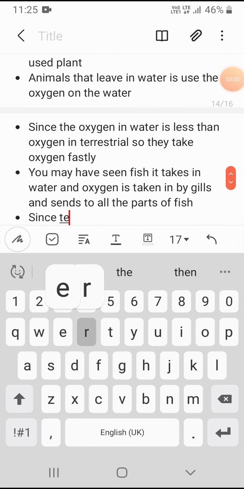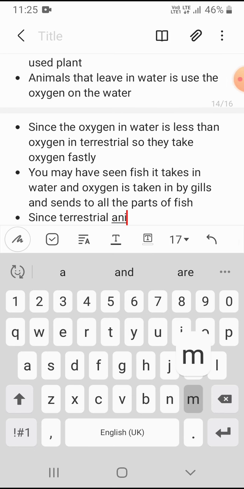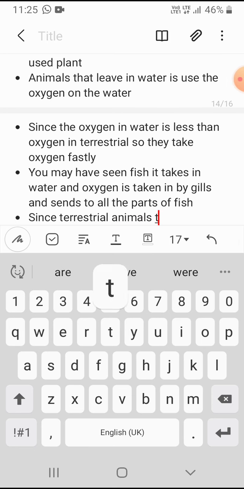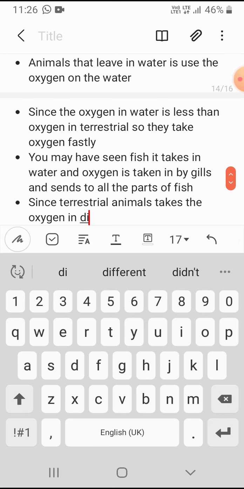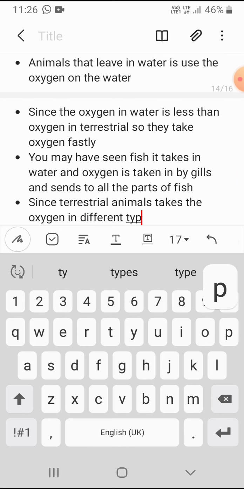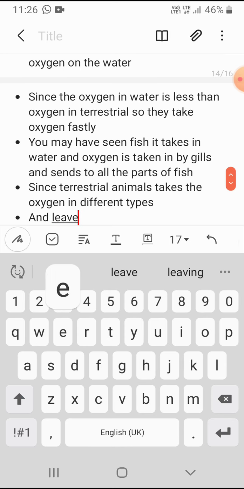Terrestrial animals take in oxygen in different ways, and they release carbon dioxide. That you all know.